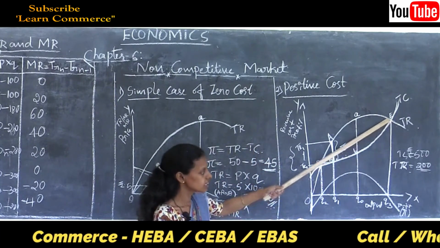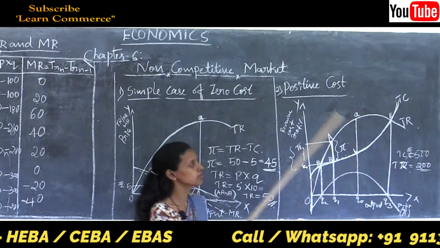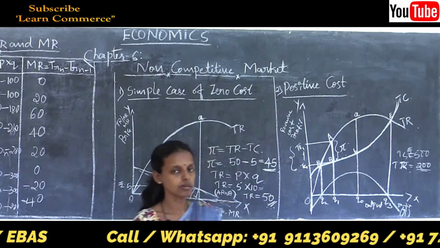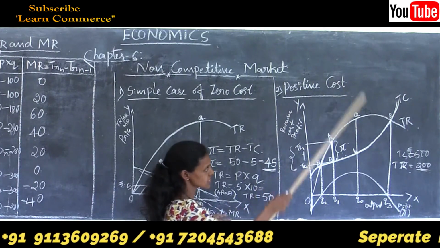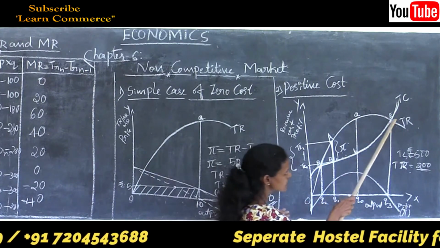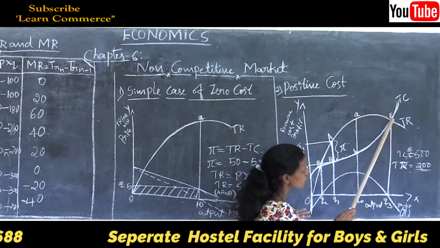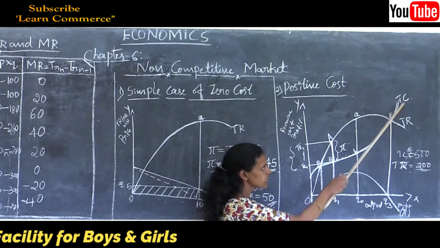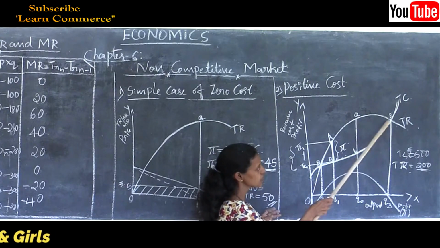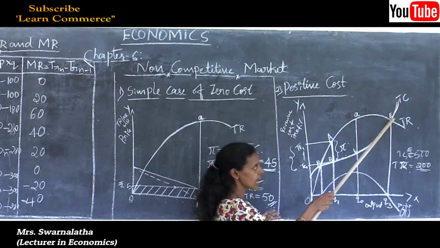So at OQ3 the firm is going to get the equilibrium or maximum profit under the positive cost. See here, positive cost is nothing but, after here, cost goes on increasing, but total revenue remains as it is.